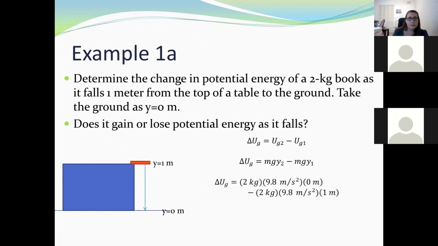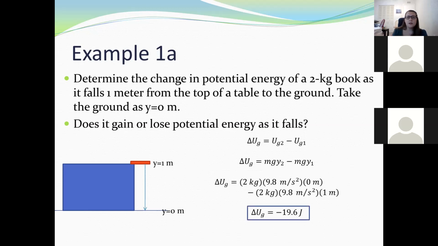Plug in our numbers. We know our mass is 2 kilograms, g is 9.8. Our y2 is 0 because that's where it ends up. And our y1 is 1 meter because that's where it's starting. And so that gives us a change in potential energy of negative 19.6 joules.